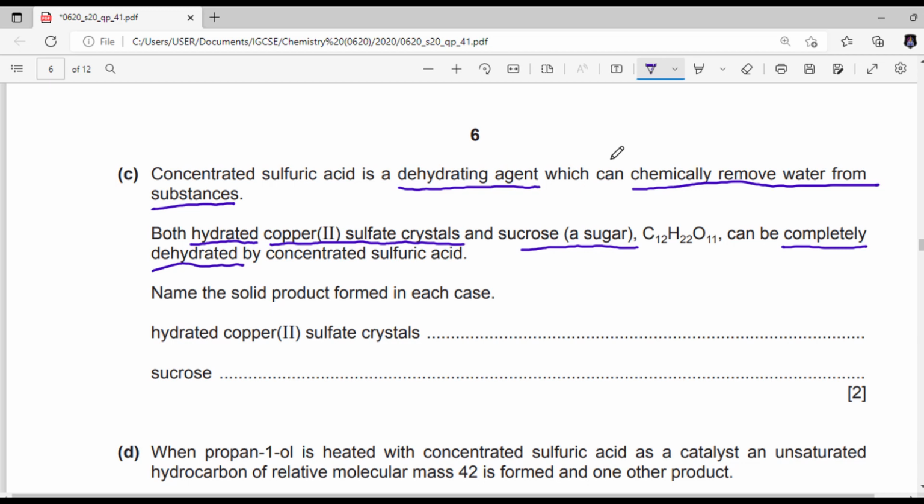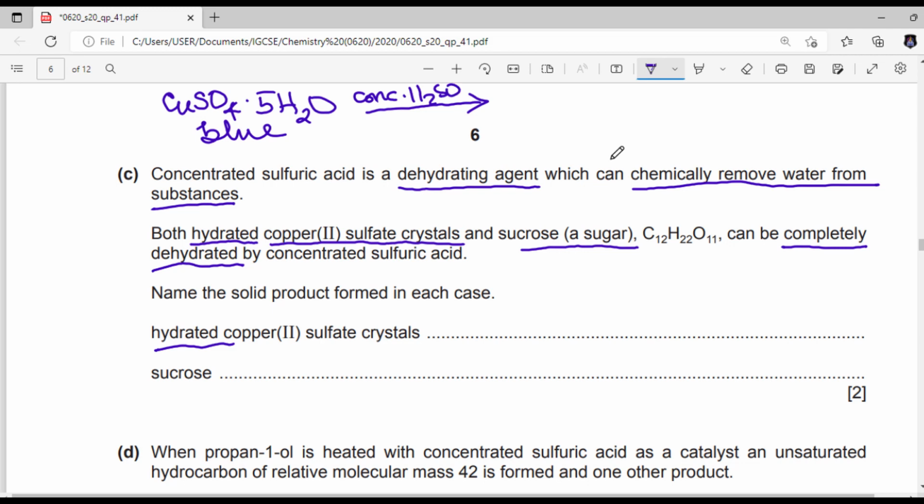So here, hydrated copper 2 sulfate. What's the formula for hydrated copper 2 sulfate? That will be CuSO4.5H2O. Right, that's hydrated copper 2 sulfate, which is blue in color. Blue crystals, right? And now when you add conc H2SO4 here, what will happen?